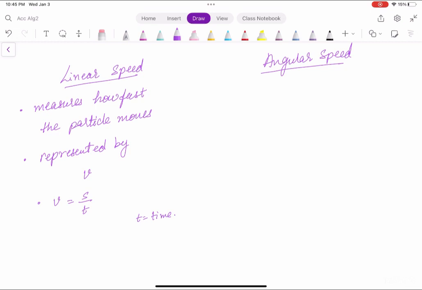On the other hand, angular speed measures how fast the angle changes.